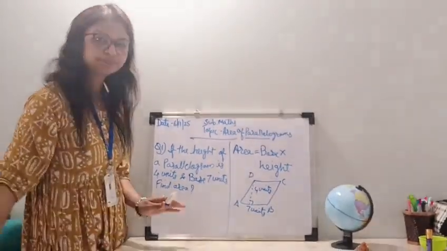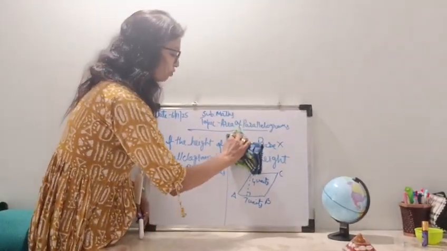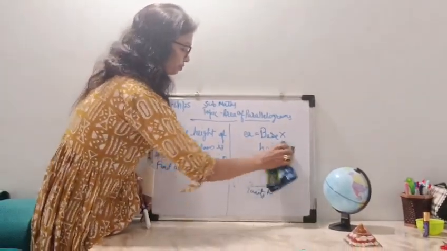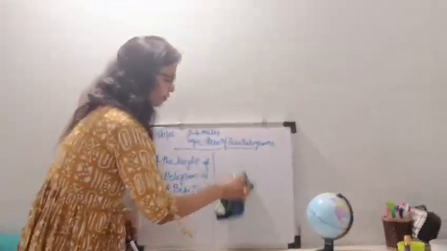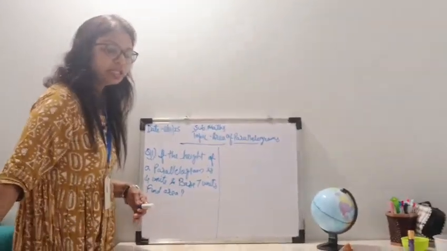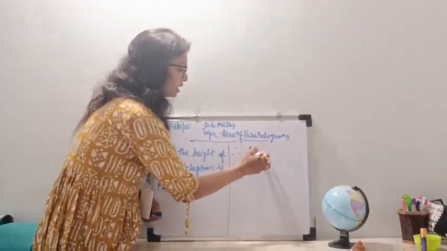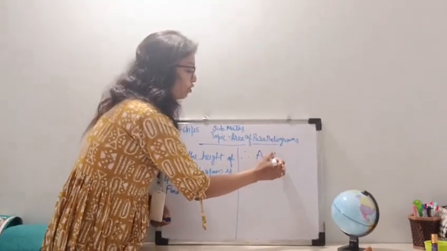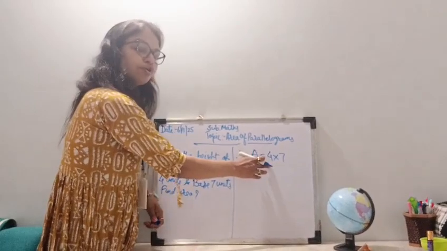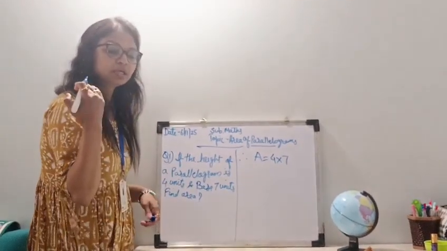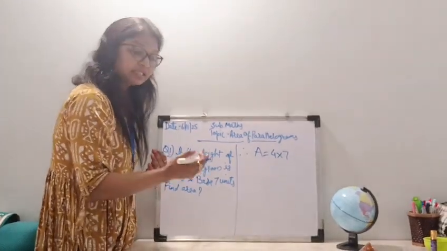After drawing this, what we have to do? We have to apply the formula. That is A is equal to 4 multiplied by 7. What is 4? 4 is height. 7 is base.